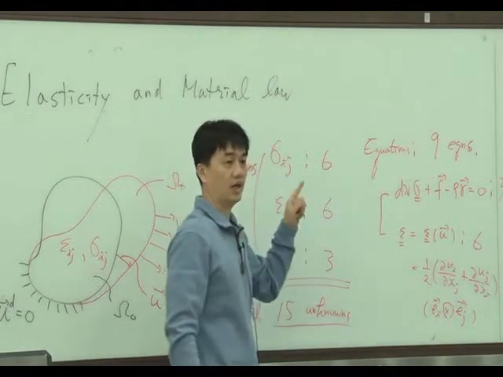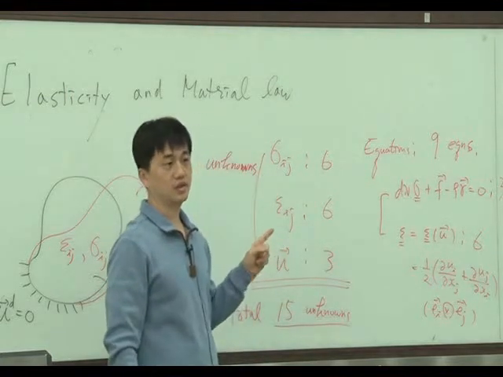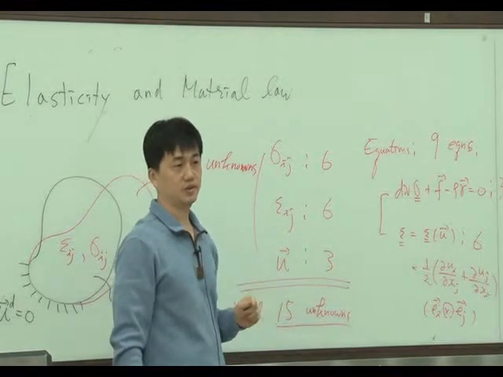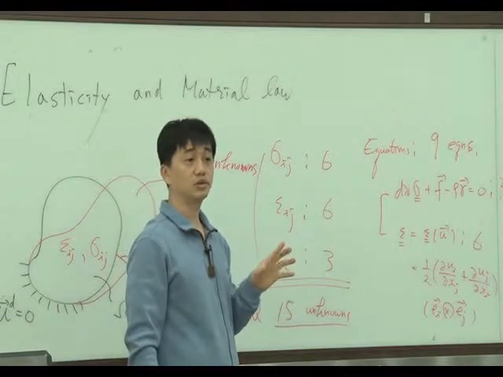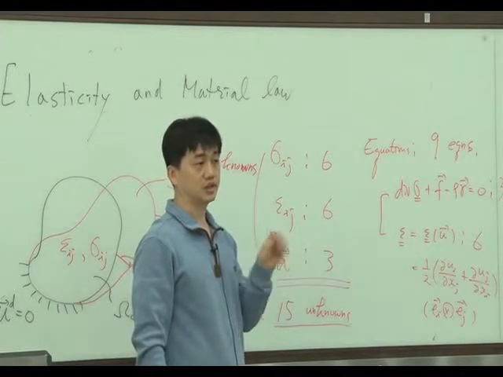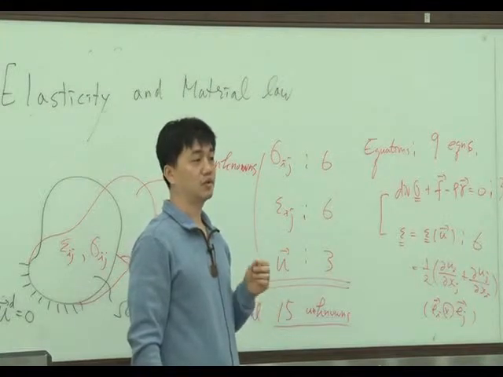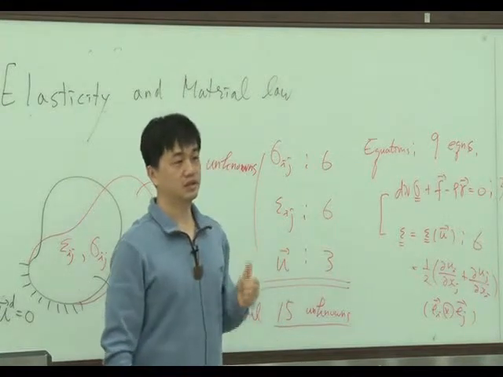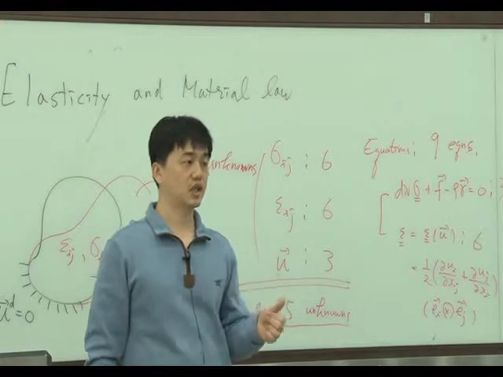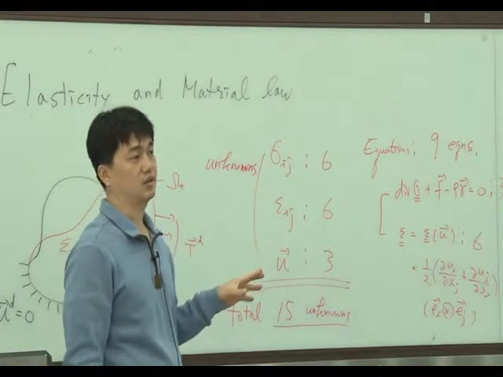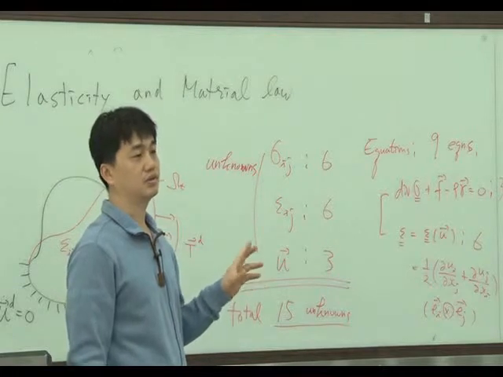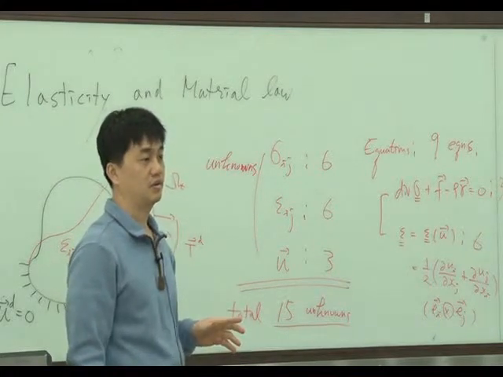Strain has 6 components, stress has 6 components, so if we have a relation between both, it will be 6 equations. Then we can find the final 6 missing equations, then our governing equations are complete, so we can find the solution somehow. Understand?